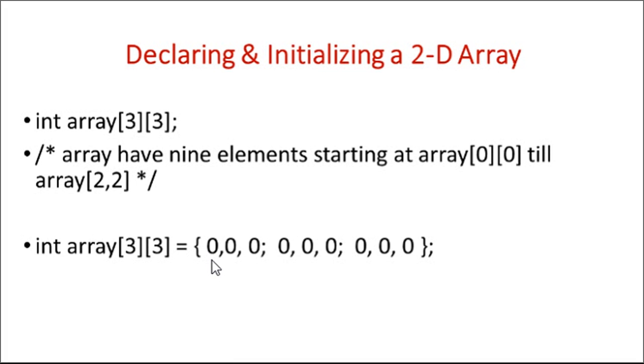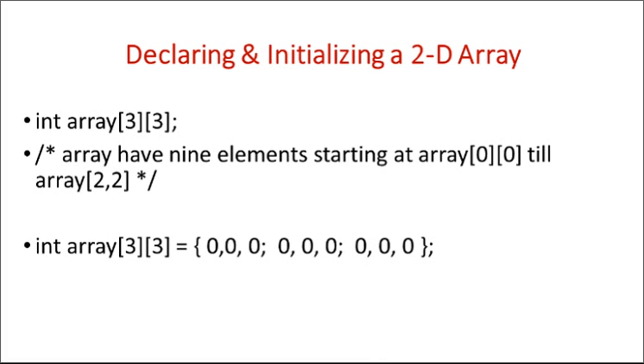This is row 0 column 0, row 0 column 1, row 0 column 2, completing the first row. Once you complete the first row, end it with a semicolon, then the second row and the third row.